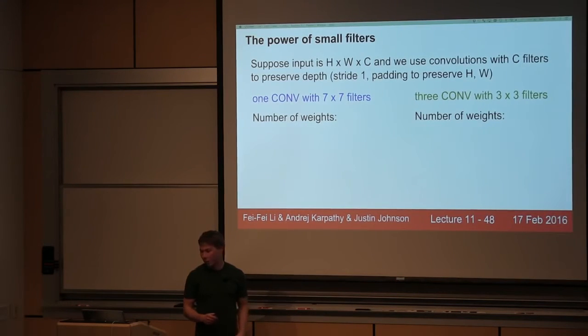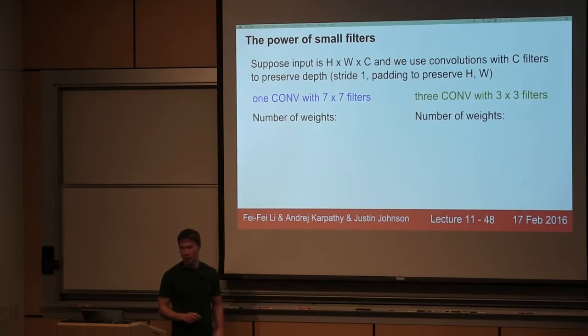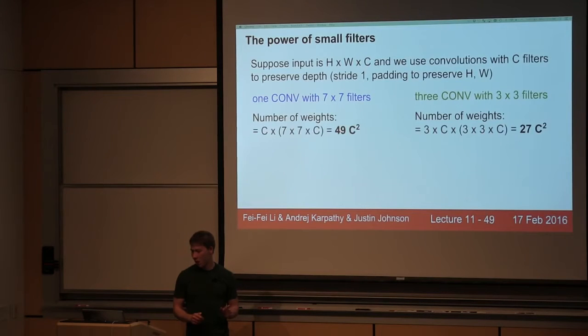Anyone have a guess on how many weights the single 7x7 convolution has? You can forget about biases because those are confusing. My answer, I hope I got it right, was 49C squared, because you've got this 7x7 convolution, each one is looking at a depth of C, and you've got C such filters, so 49C squared.